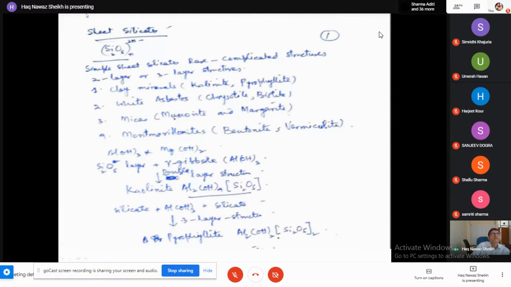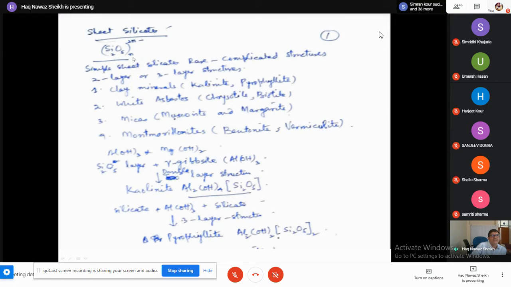So here we go. The sheet silicates, in which 3 oxygen atoms are being shared between the neighboring tetrahedra. So the one oxygen atom which was not shared was holding the negative charge, and the empirical formula for a sheet in which all the 3 oxygen atoms were shared became Si2O5 with 2 negative charges for 1 unit.